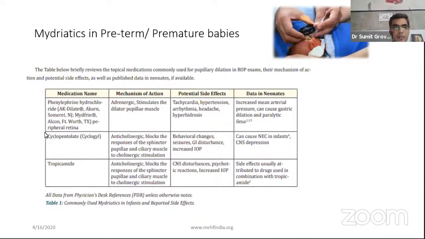So this table shows that phenylephrine, cyclopentolate, and tropicamide can be used. And data in neonates shows that these drugs can cause increased mean arterial pressure, CNS depression, and have many side effects. So what drugs should be used?